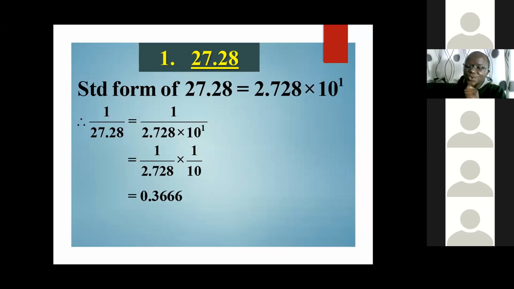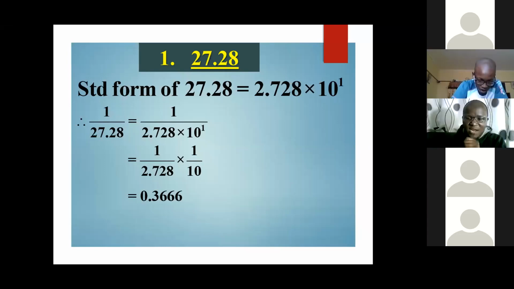When I tell you 5 divided by 10, you can also work it as 5 times 1/10. That is the same thing we are doing here. And division by 10 takes the decimal point how many places and to which direction?